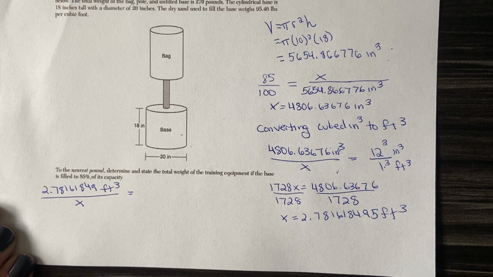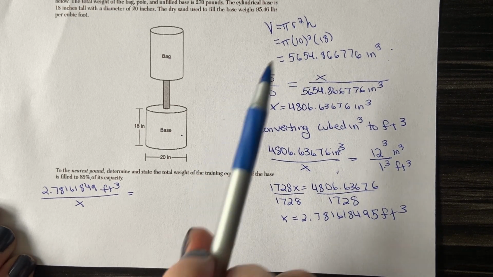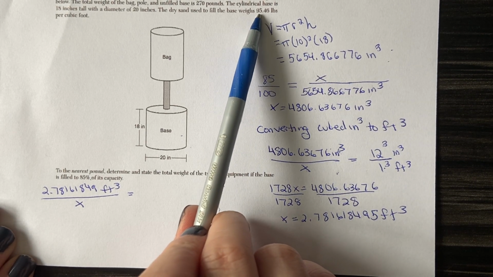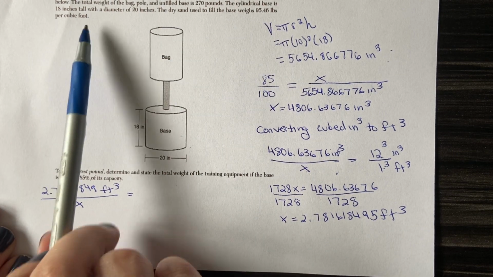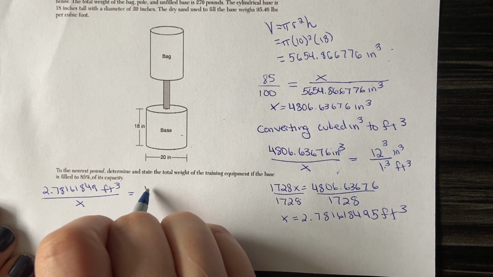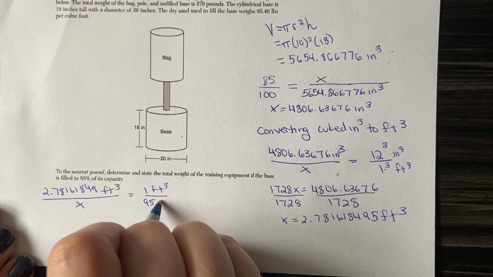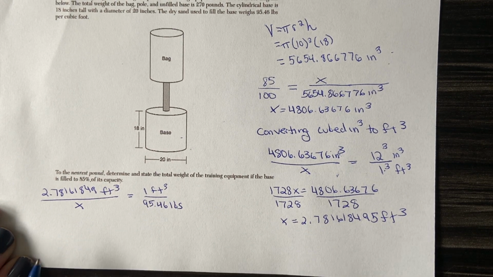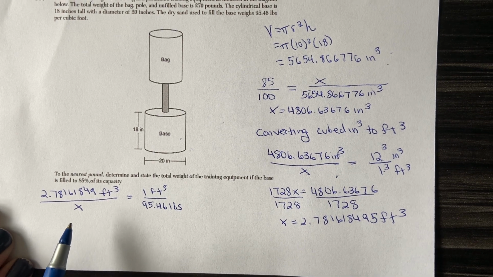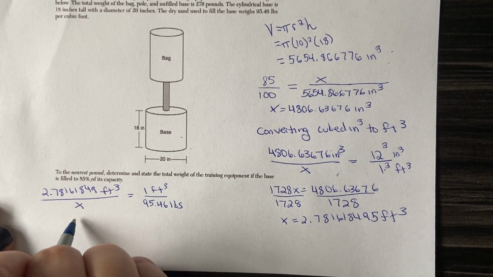And we have to convert it to pounds. So it says it weighs 95.46 pounds per cubic foot. So for every 1 cubic foot, they're telling you that it weighs 95.46 pounds. So if I cross multiply this, it's going to tell me how many pounds I have.